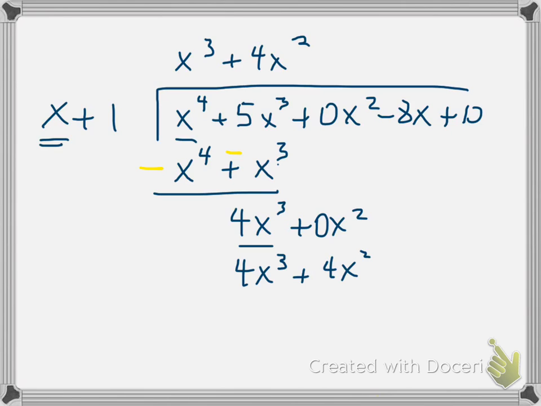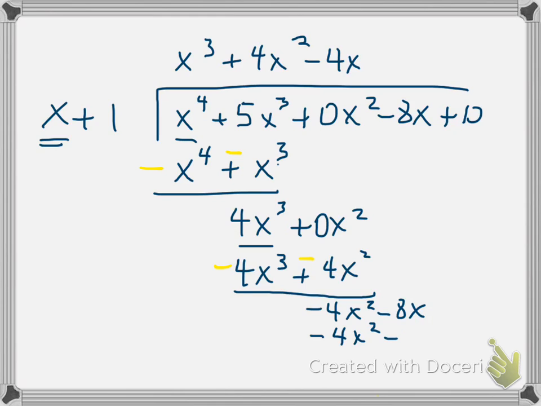Right? So we'll subtract these. I'm going to have to write smaller. I'm going to run out of space here. That's negative 4x squared. Bring down the negative 8x. X divides into negative 4x squared, negative 4x times. Distribute, that gives us negative 4x squared minus 4x. Next step is to subtract, which changes the signs.